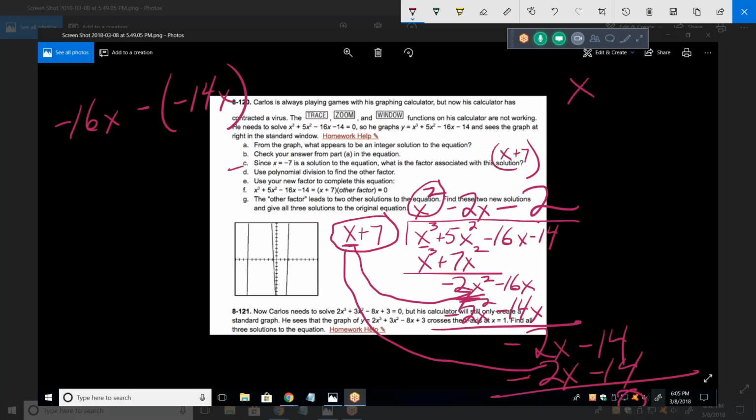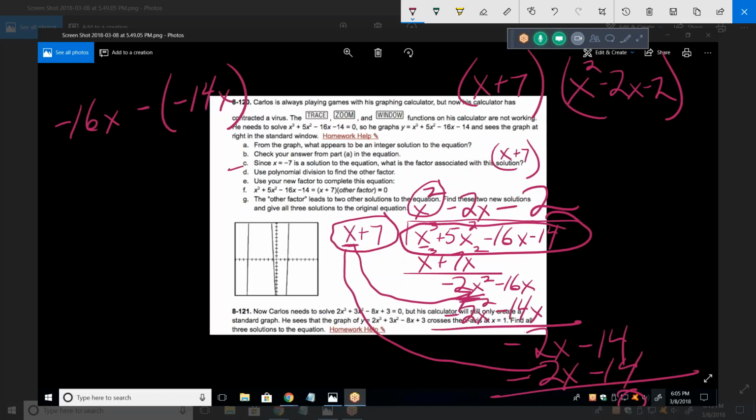So what we're left with is this. That's one factor. In other words, whatever we got when we divided it, right? If I multiply x plus 7 times that answer, I got to get this, correct? If I divided x plus 7 into that to get that answer, then it's got to work the other way around also.